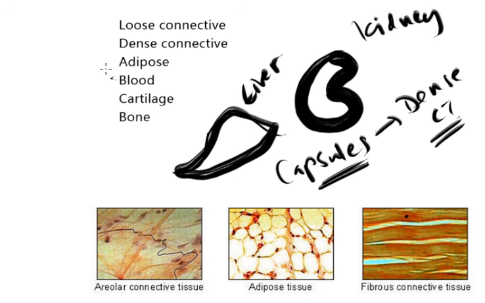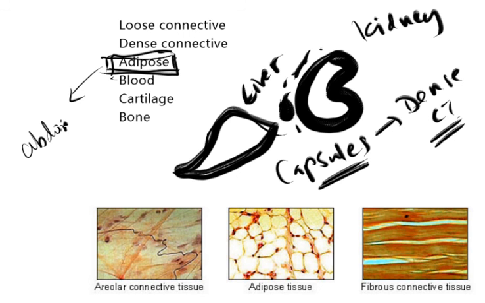Adipose tissue or fat tissue, you can find around the kidneys, and there are plenty of areas where you can find it, such as abdominal fat. This fat tissue is composed of adipose tissue, in other words, right?